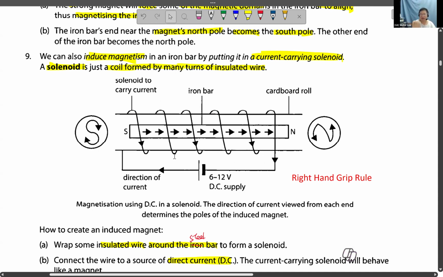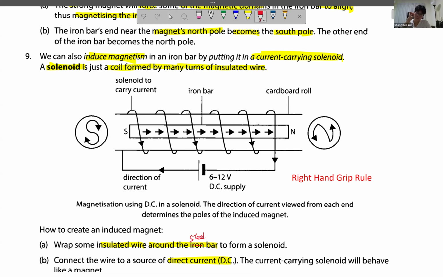Go to the back, come to the front. Like that. So the north is on this side. North is here, because the current flows from the back to the front. Imagine you have a pencil or a pen, you wrap from the back to the front, the current flows from the back to the front. Fingers are current, and the north pole is the thumb.